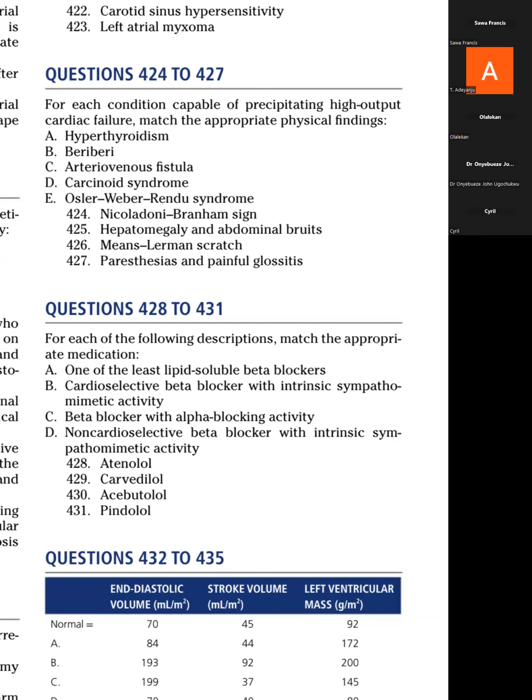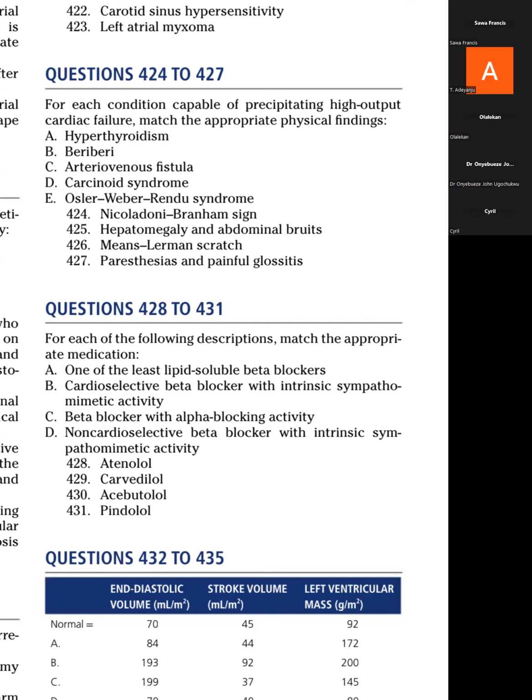Now, of course, I'm going through this section of beta blockers, and we can keep seeing it, because it's one of the areas that they will keep asking around. If we look at the options we are matching with, for each of the following descriptions, match the appropriate medication. One of the lists is lipid soluble beta blocker.